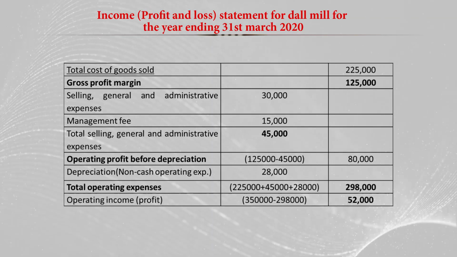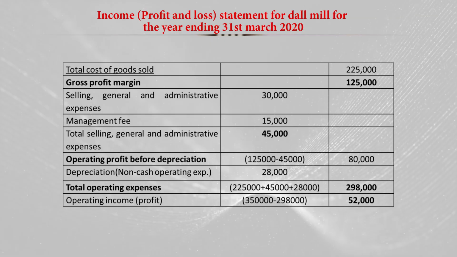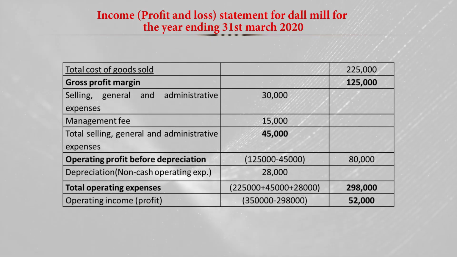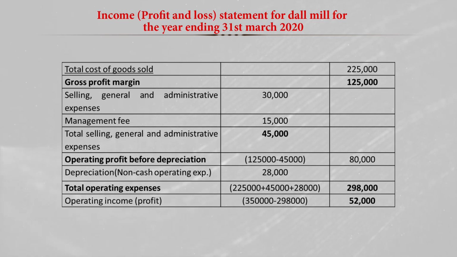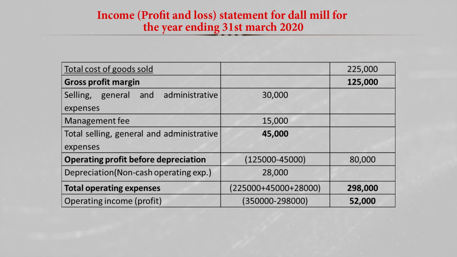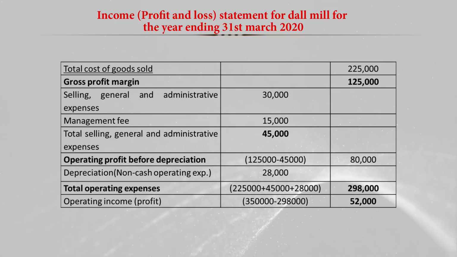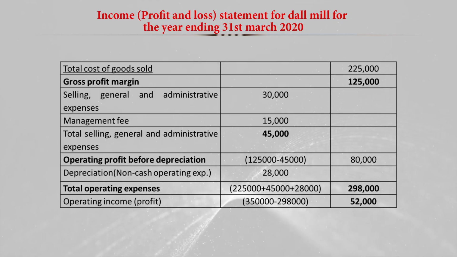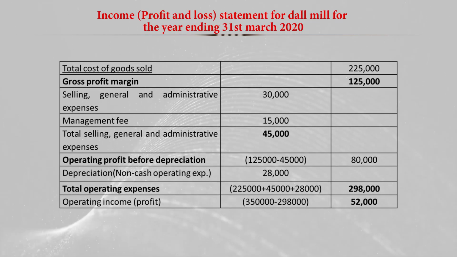So operating profit before depreciation, we can say, is 1,25,000 minus this 45,000. So 80,000 rupees is the operating profit before depreciation. And when we include the depreciation, that is a non-cash operating expense, that is 28,000.